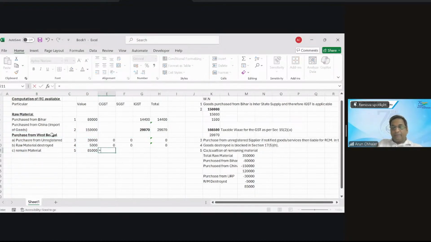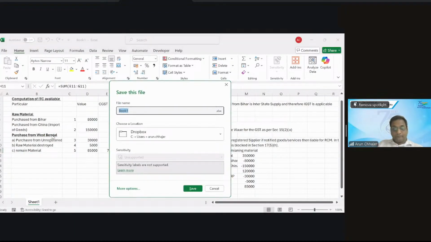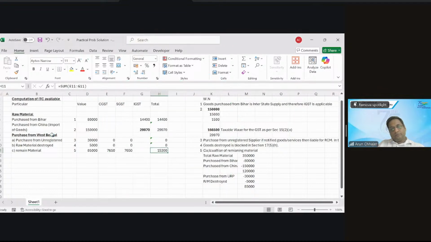It will be CGST plus SGST only. Fine. Shall we move further?